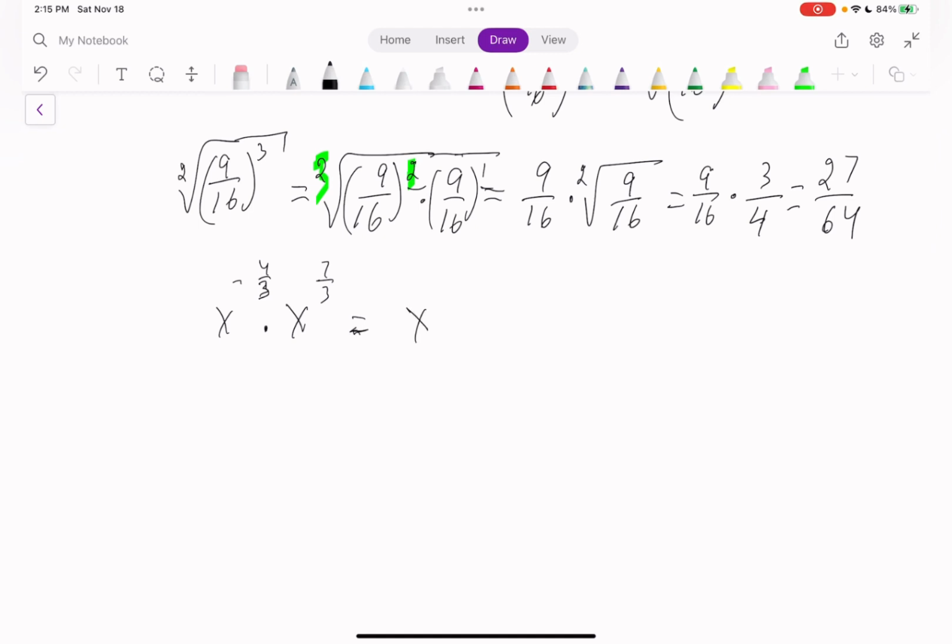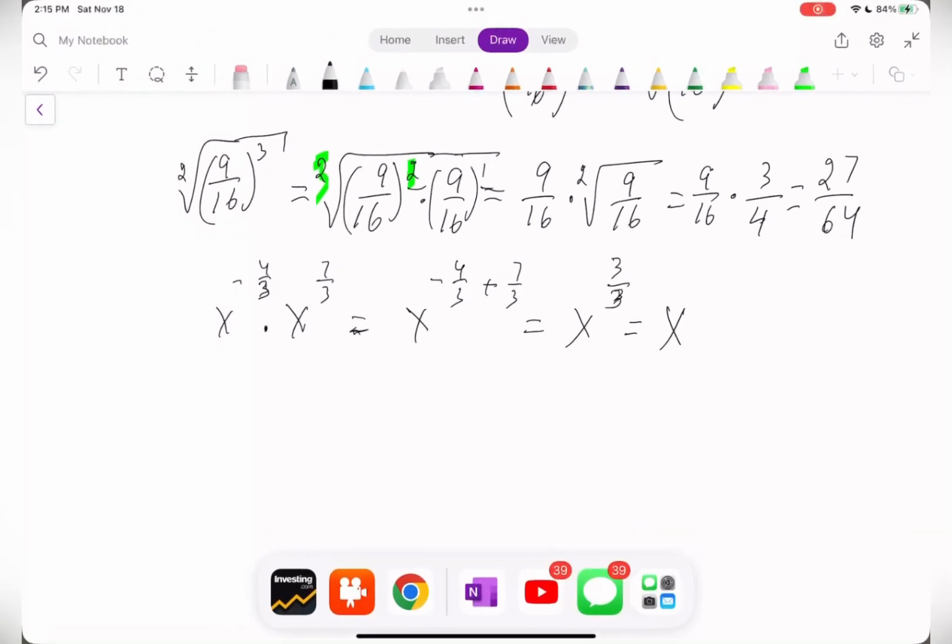Since we are multiplying the same base with different exponents, we need to add negative 4 over 3 plus 7 over 3. Denominator is the same, therefore I'm going to do negative 4 plus 7. It's going to be 3, and 3 over 3 is 1, so it's going to be x.